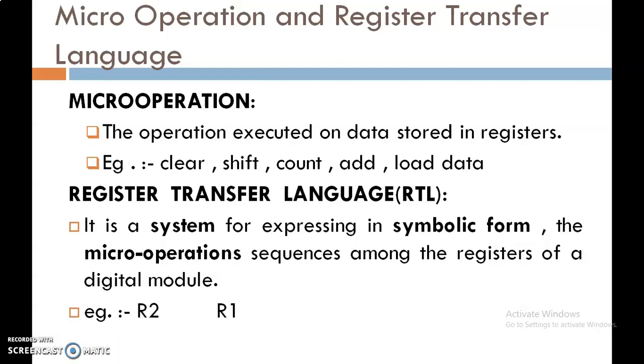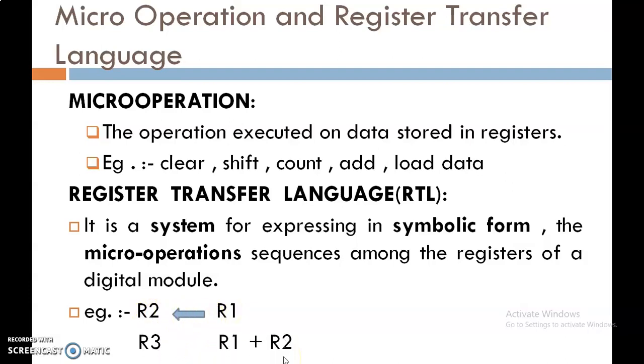For example, here I write the first RTL, which transfers the contents of register R1 into register R2. So here I write it in RTL language as R1 transfer the data into R2.